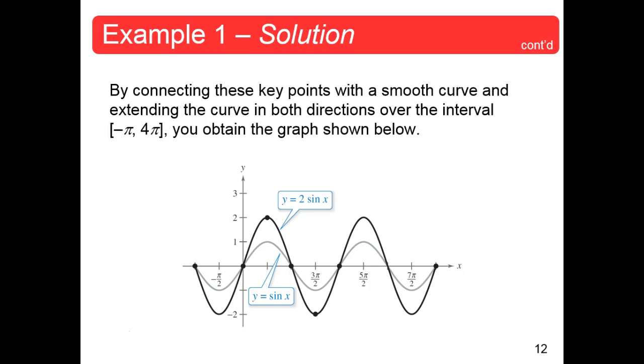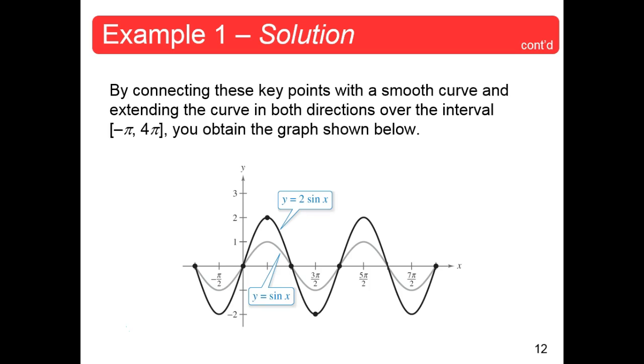Okay? Now, be sure you connect them with smooth curves. No jagged peaks or things like this. Make it nice and smooth everywhere. Extending the curve in both directions over the interval from minus pi to 4 pi. They've shown both of them. They showed sine x here, that goes to plus or minus 1.